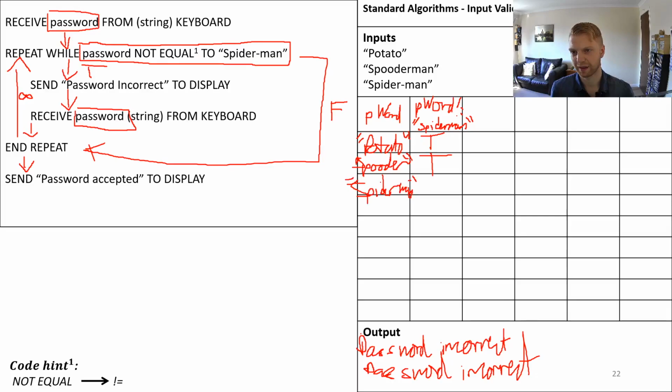So Spider-Man is not equal to Spider-Man. It is, so the answer is false. I know that takes a bit of getting used to think of it that way. So we follow the false path and then it will go password accepted. And that's it. That's the end of the program.